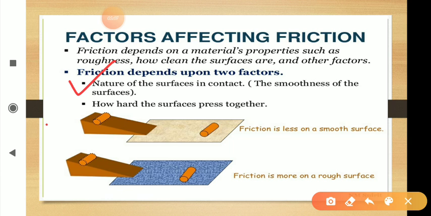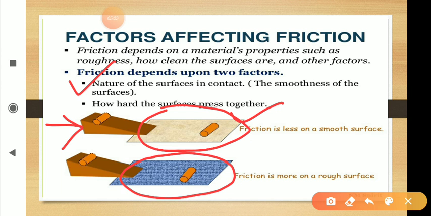For this one, we are taking an inclined plane, and one cylinder is placed on the inclined plane, and here two different surfaces are provided. This one is your smooth plane, and the second one is your rough plane. Now what is going to happen when this cylinder rolls down the inclined plane? It moves on the smooth plane and it moves on the rough plane.